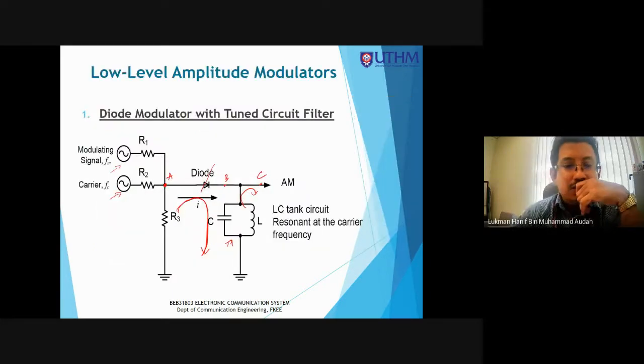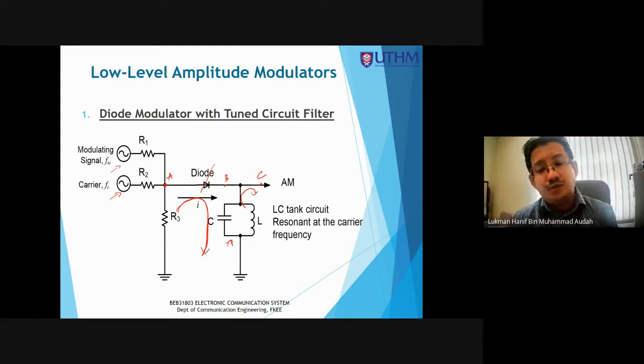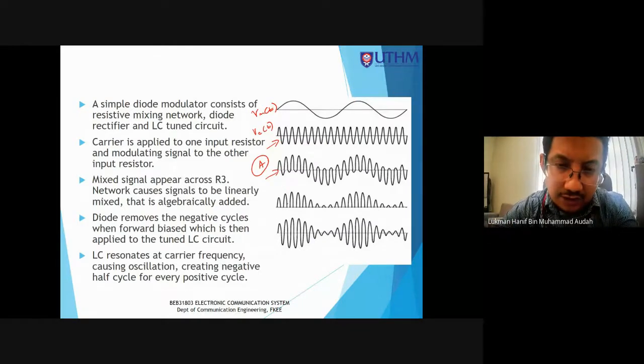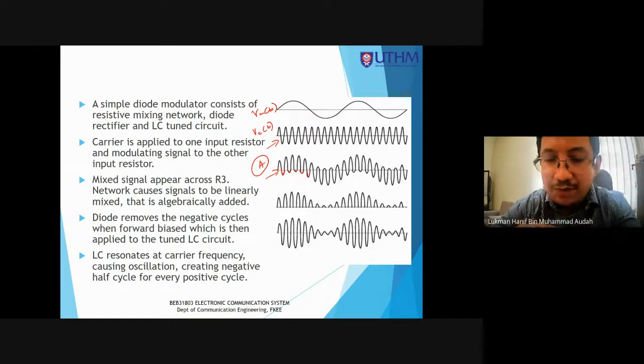Okay. And then what? The signal will goes through the diode. Okay, diode only allows current to flows in one direction only. Okay, so kalau you lihat sebenarnya, daripada graf A ni, kalau tidak ada diode dia boleh teruslah ke bawah. Okay. Tetapi apabila adanya diode, maka diode akan membuang bahagian negative side ini.